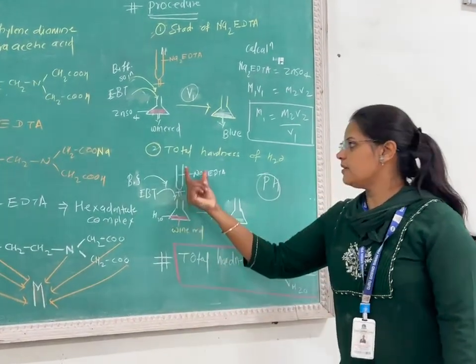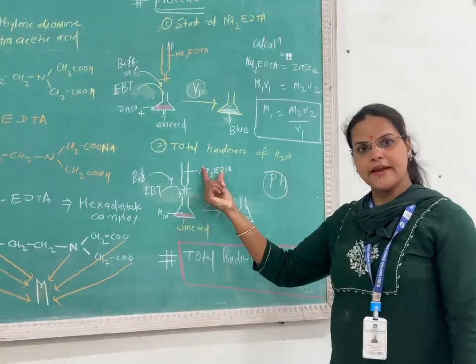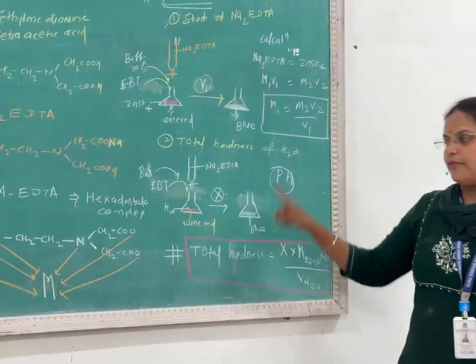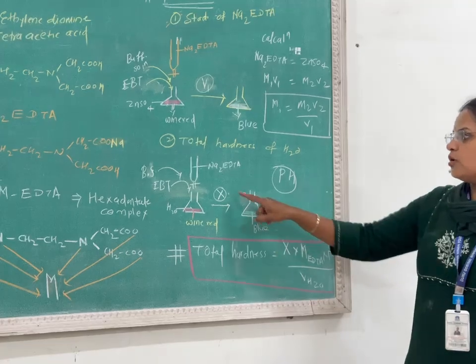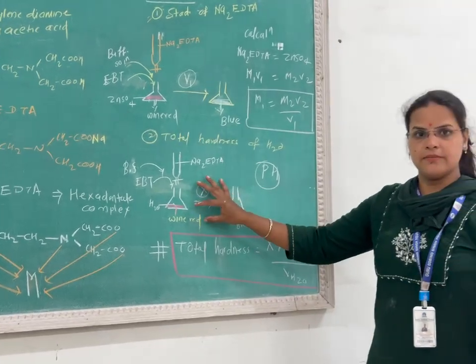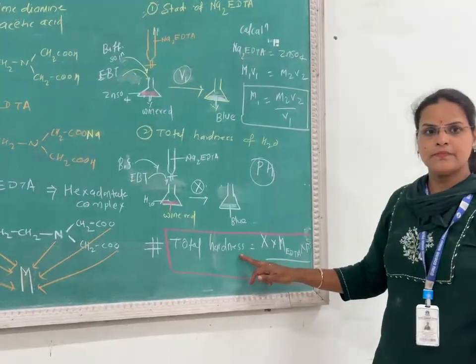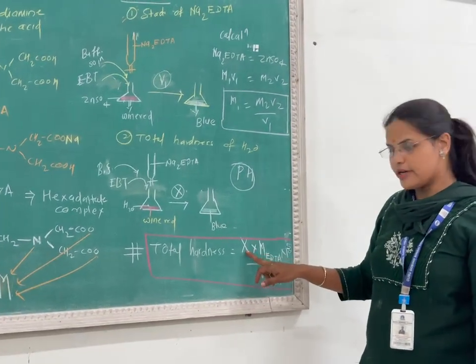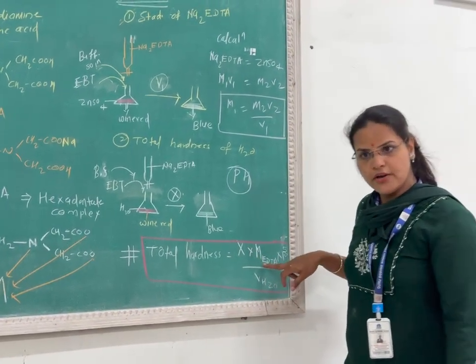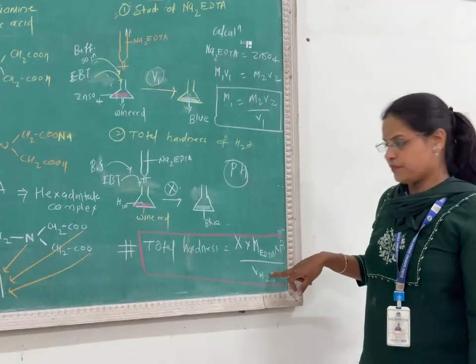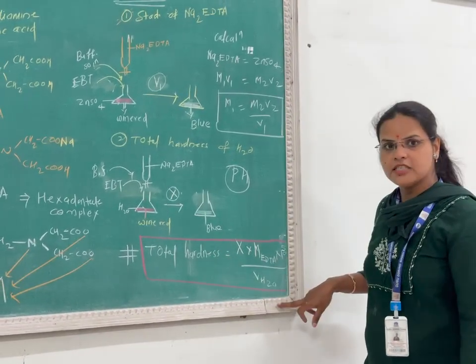Now titrate it with disodium salt of EDTA till the color changes from wine red to blue. At the point where wine red changes to blue, note the burette reading as X ml. This burette reading is used to calculate total hardness, with the formula burette reading X into molarity of EDTA into 10 raised to 5 divided by volume of water. And the unit of total hardness is ppm.